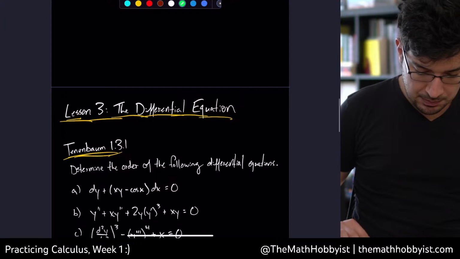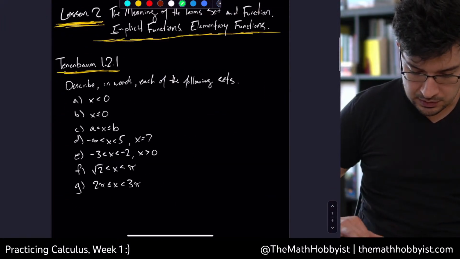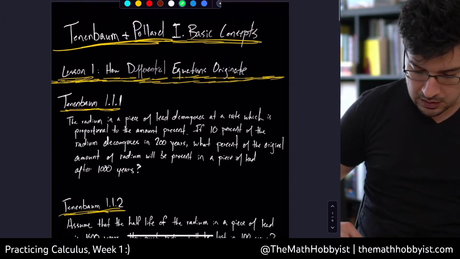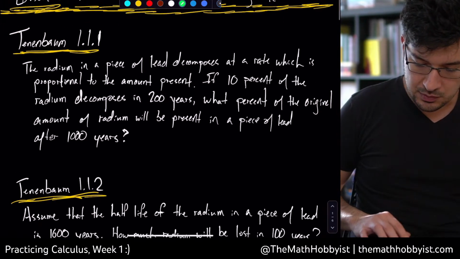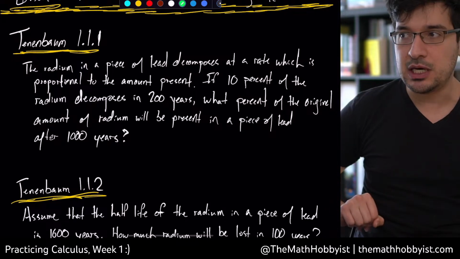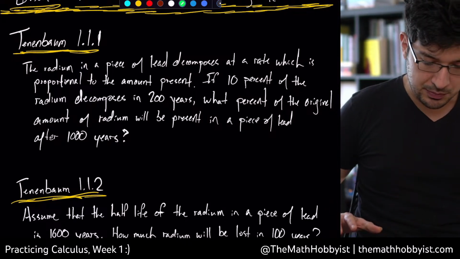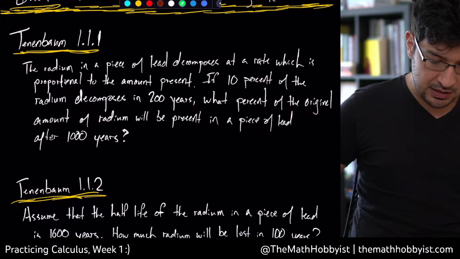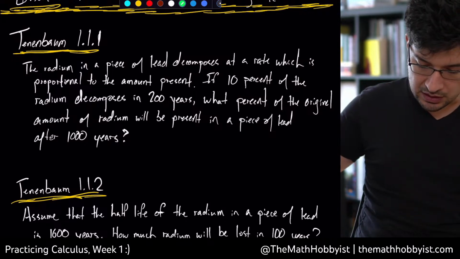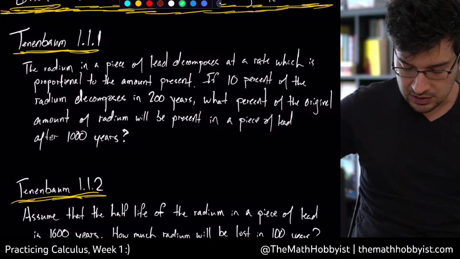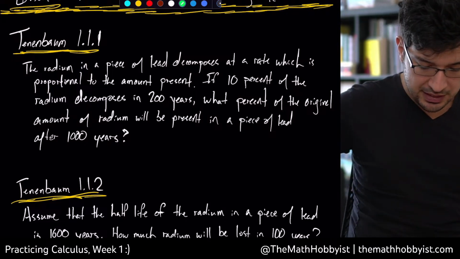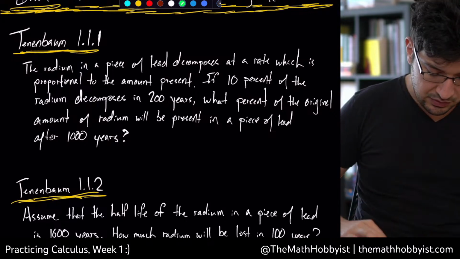I wrote down a couple of problems from the differential equations book. So if anybody wants to take a look at these and you want something harder, here's Tenenbaum 1.1.1. Radium in a piece of lead decomposing. If 10% decomposes in 200 years, what percent of the original radium is present after 1,000 years?